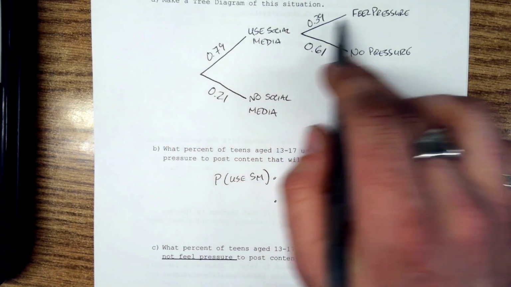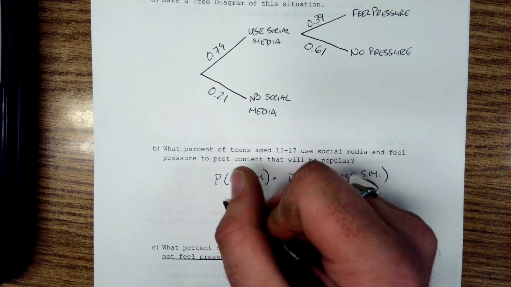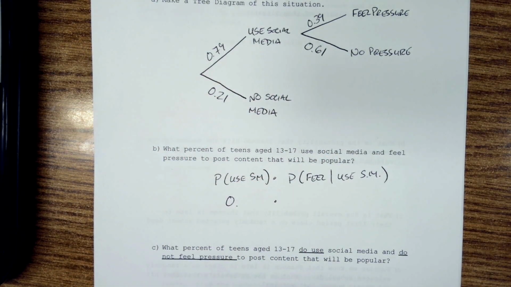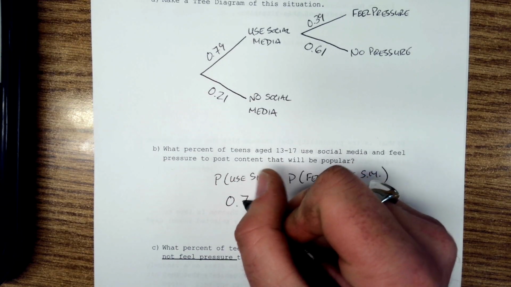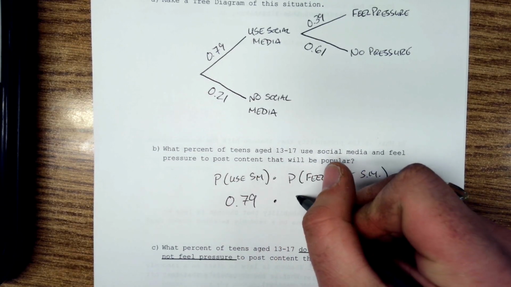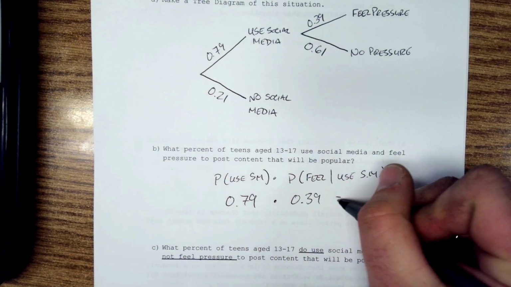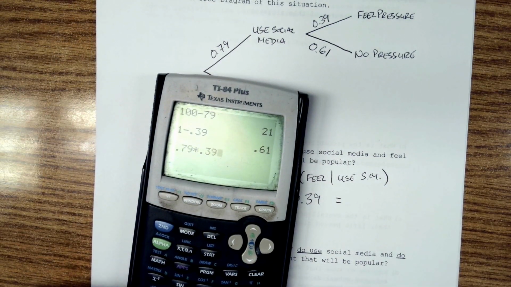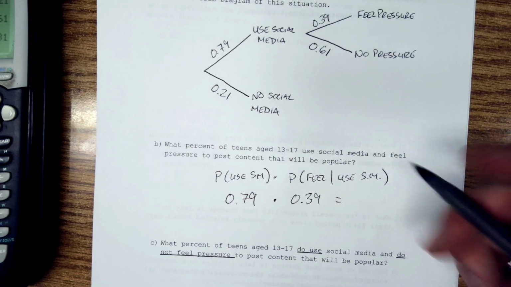Again, just to find the overall percentage, you just multiply down the line or down the branches that you want. So our 0.79 times our 0.39, 0.79 times 0.39 is 0.3081.